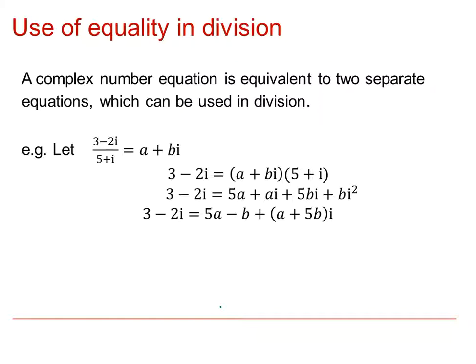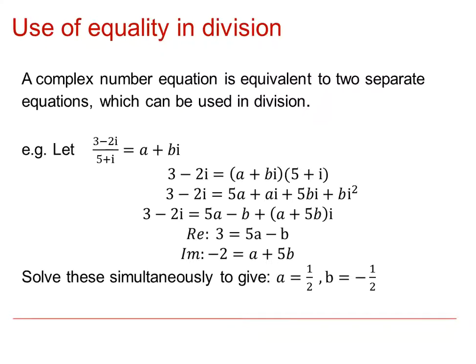So there we see how we've expanded the brackets and collected like terms. And if we look at the real parts and the imaginary parts, we get simultaneous equations which can be solved for a and then for b.